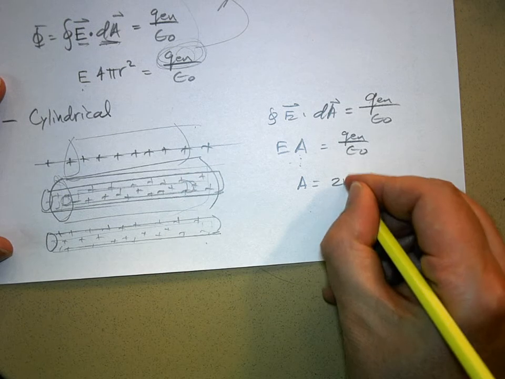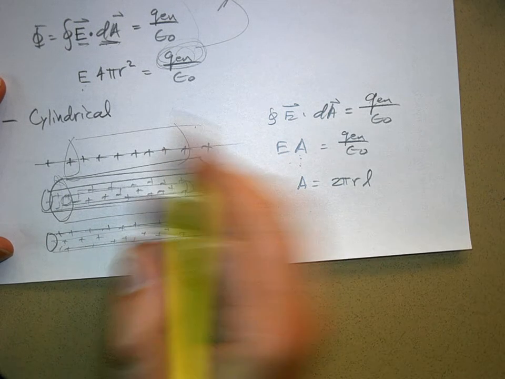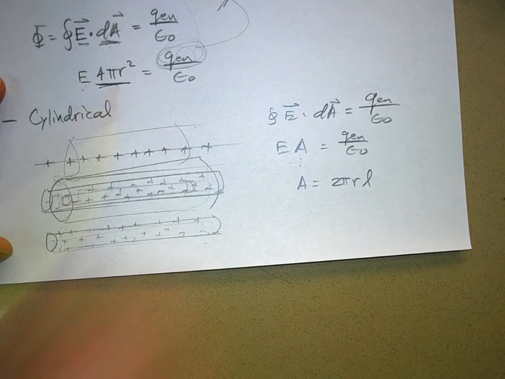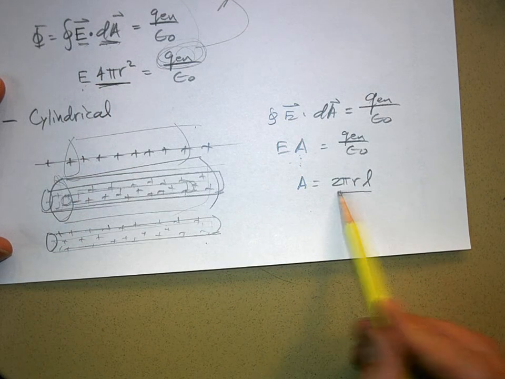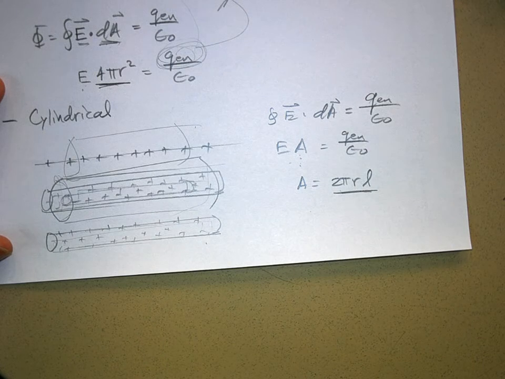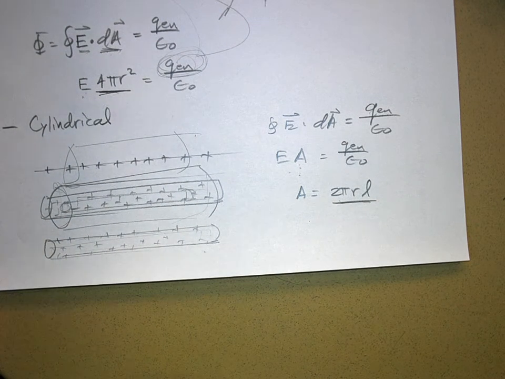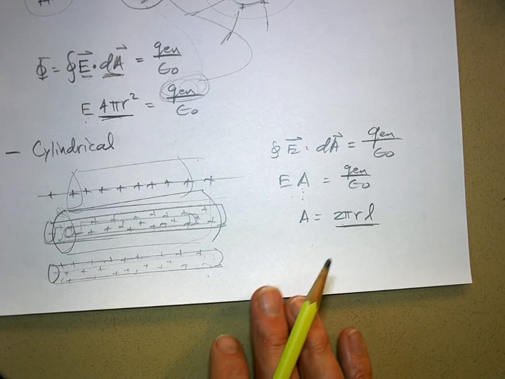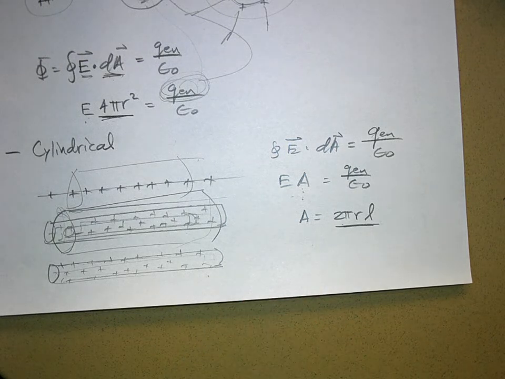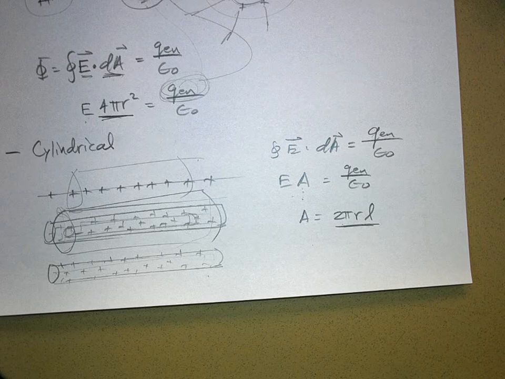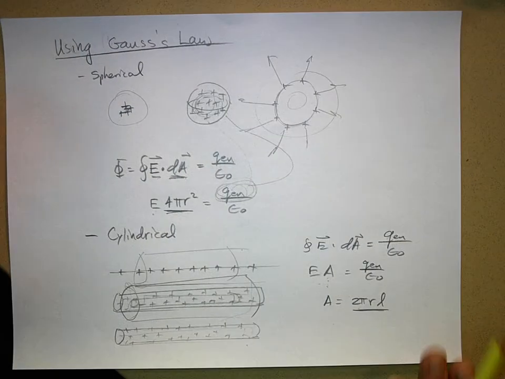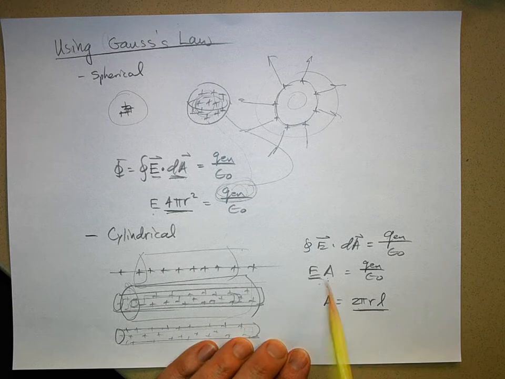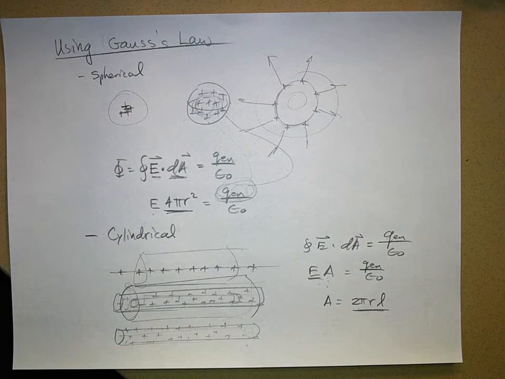There's the area of a sphere, 4 pi r squared. Area of a cylinder, 2 pi r times L. Make sure you know that. And that's what you're going to need to do: use Gauss's law to find the electric field for a spherical or a cylindrical charge distribution.